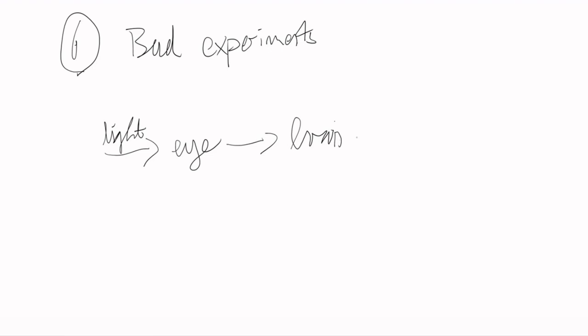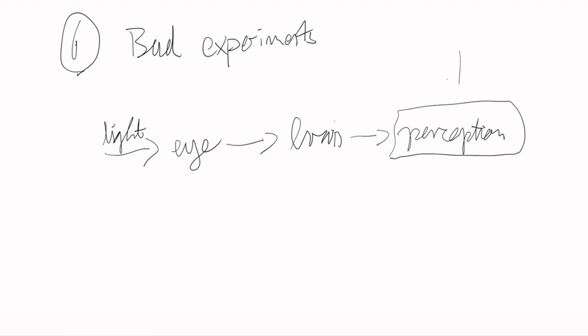And inside the brain there is some sort of perception of the brightness. This is what is being measured in these experiments. They ask people, how bright do you perceive this to be? But there's a problem about that, because the brains are so individual that basically this measurement is very imprecise.